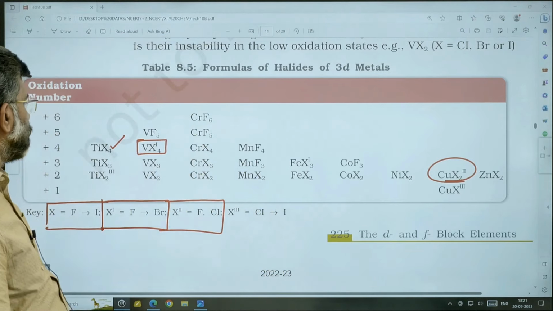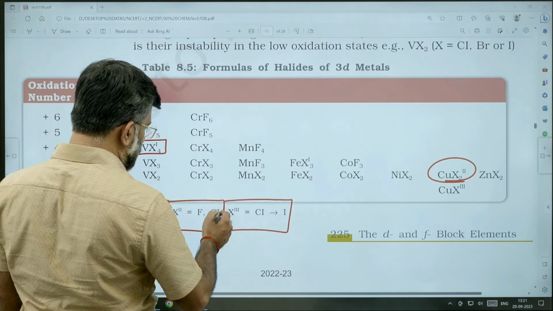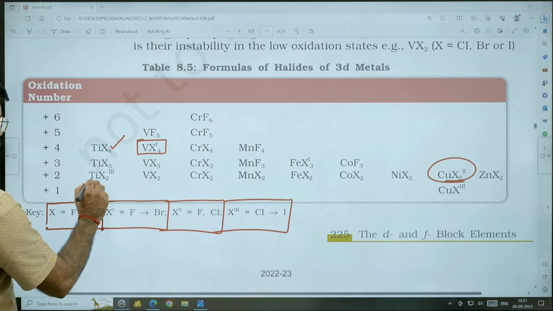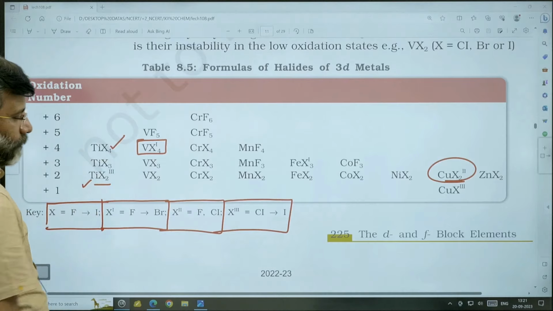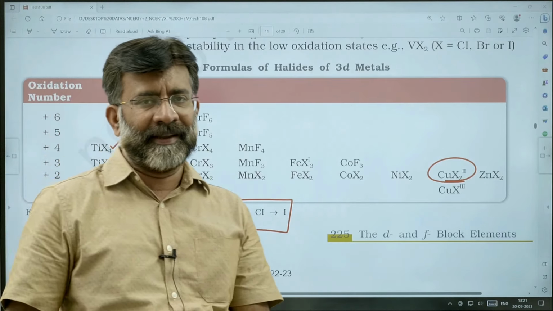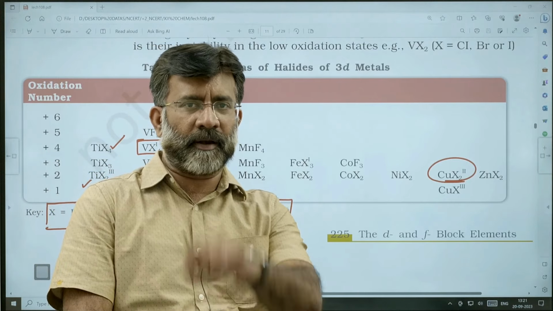That is the point. What about MX3? All except fluorine. You see that? TiX2 means TiF2 does not exist. There is TiCl2, TiBr2, TiI2.